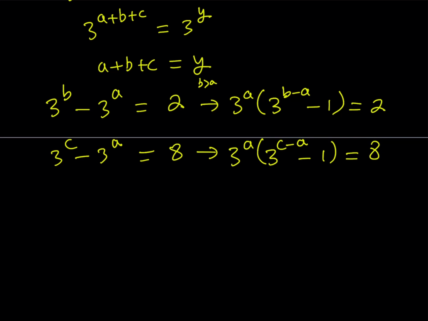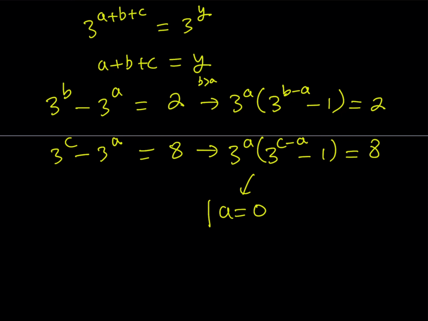Let's look at the second equation: a power of 3 times something else equals 8. That's also not possible unless the power of 3 equals 1, because that's the only power of 3 that divides 2 and 8. So yes, a equals 0.